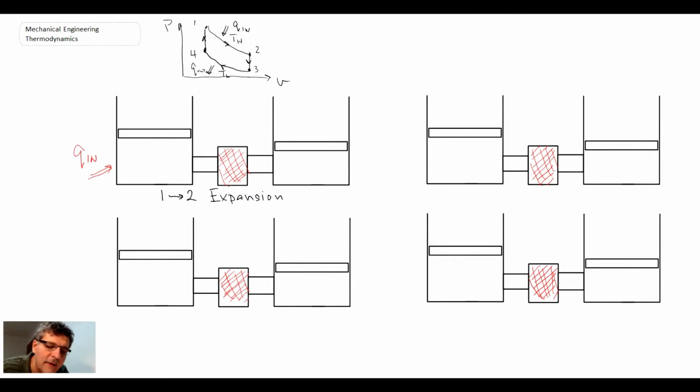The other thing that is happening with our cold cylinder, this is fixed during this process, and it is fixed pretty much at bottom dead center. So it's at the lowest point that it can go. We're putting heat into the hot cylinder. We know that when you put heat into a cylinder, it is going to expand the gas.